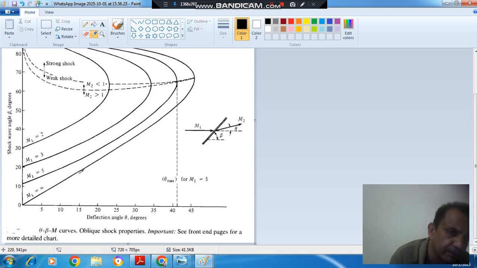If we take 15 degrees, this will be the point and this will be the shock wave angle. This will be a weak solution or weak shock. And if we take this, then it will be a strong shock. Generally weak shock occurs. Nature prefers weak shock. So in all the numericals we will find the solution according to weak shock, not strong shock.